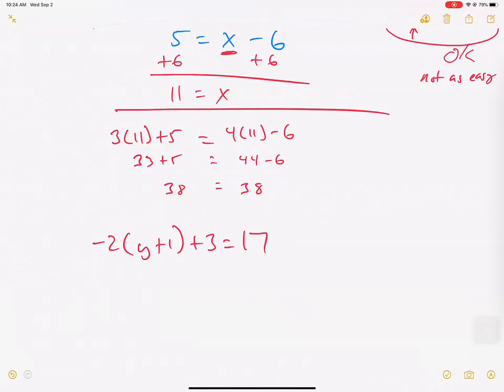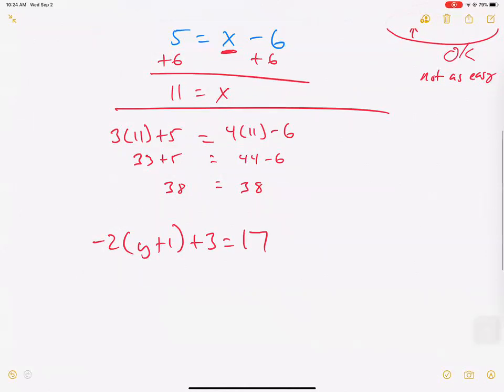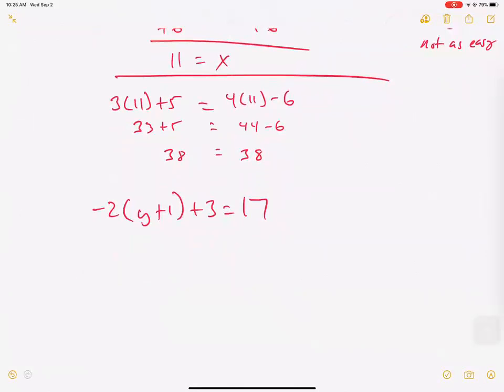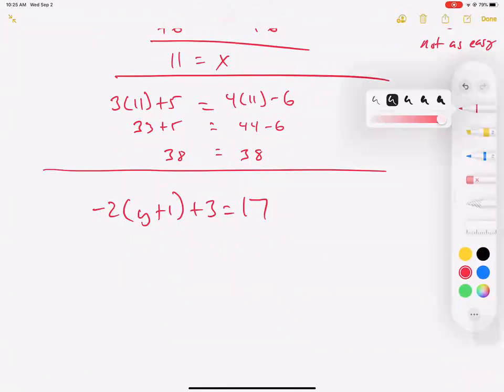In this question, I'm going to have you do something a little different. There are actually multiple ways of solving this one. But I think one of the easiest ways is to think of this as I'm trying to solve for y. What number is farthest away from y? The 1, the 2, or the 3?